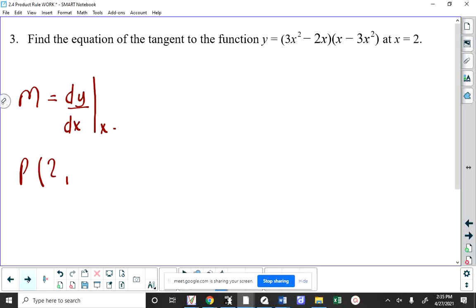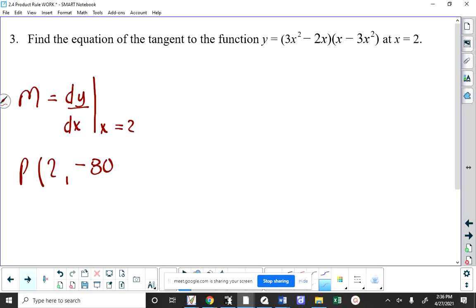Everybody take a minute here. I'm tired of talking. I just need a little mental break. I want you to put 2 into the function and calculate the y coordinate. Negative 80.